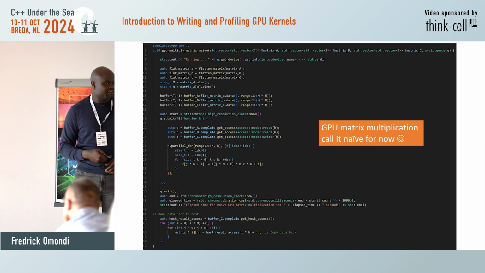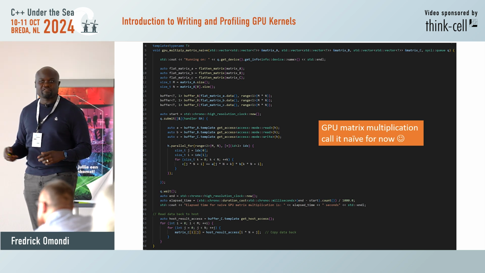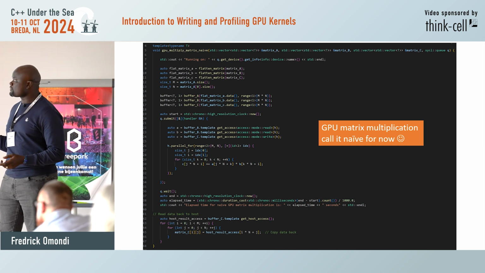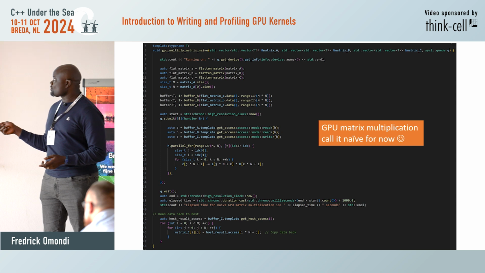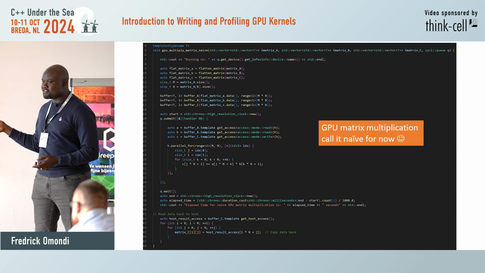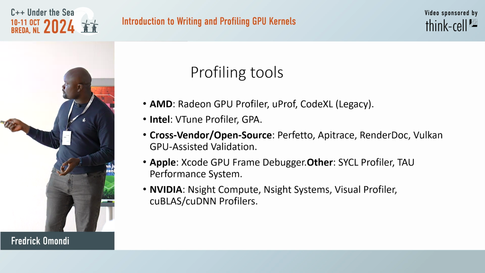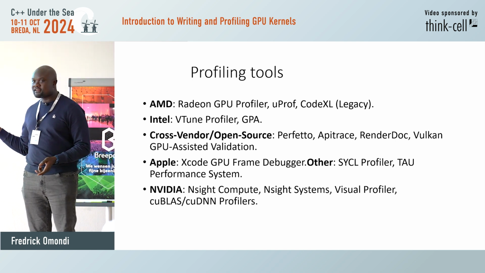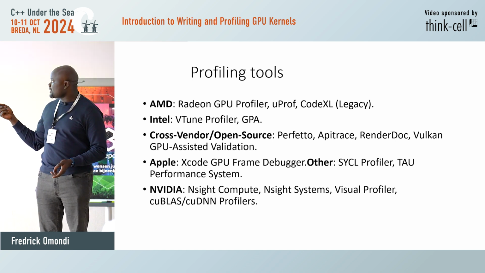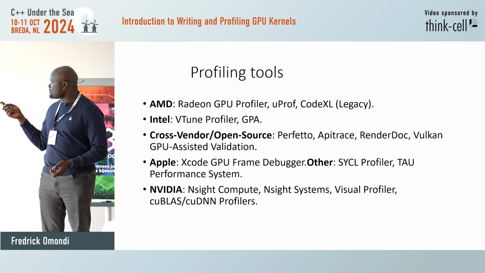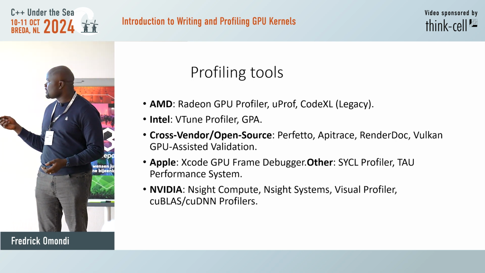That brings us to the profiling bit, which helps us understand why this is referred to as a naive matrix multiplication. There are different tools that you could use to do profiling: AMD GPU Profiler, NVIDIA Insight, Intel VTune. There are so many of these tools out there.